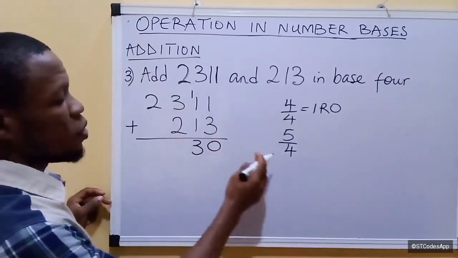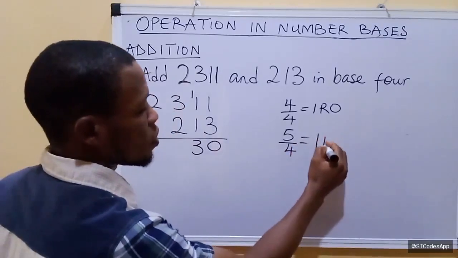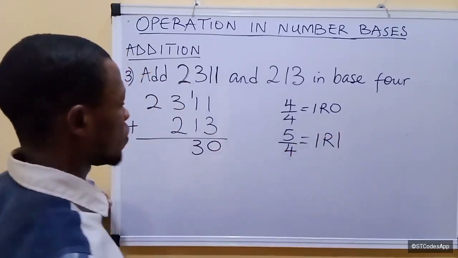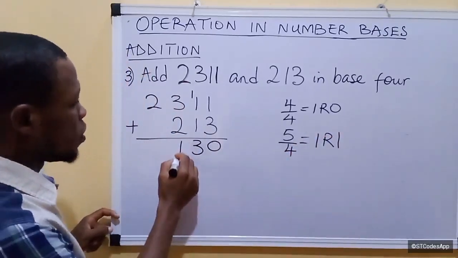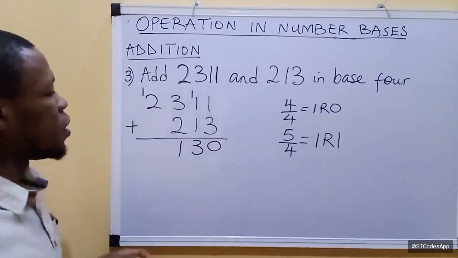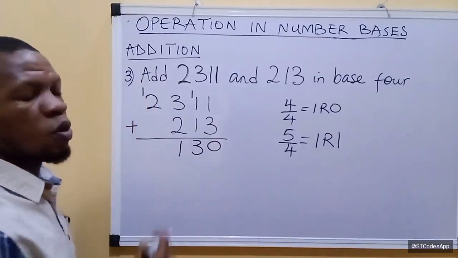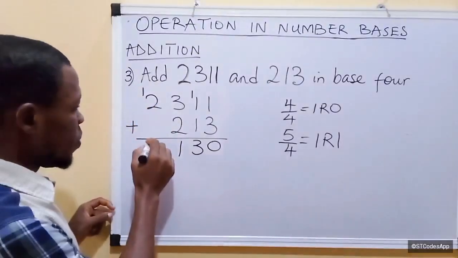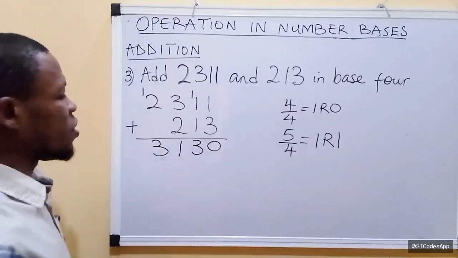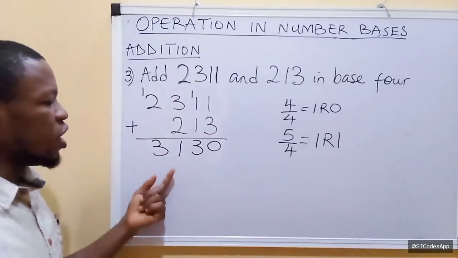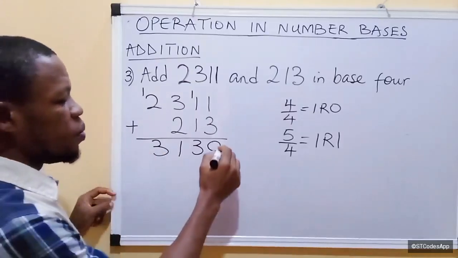Now, here is 5 all over 4, which gives us 1, remainder 1. So we have 1, I'll take our 1 up here. Now, the last place, we have 1 plus 2, which is 3. It is not up to 4, which is the base, so we simply put it down, 3. So at the end of the day, we have 3130 in base 4.